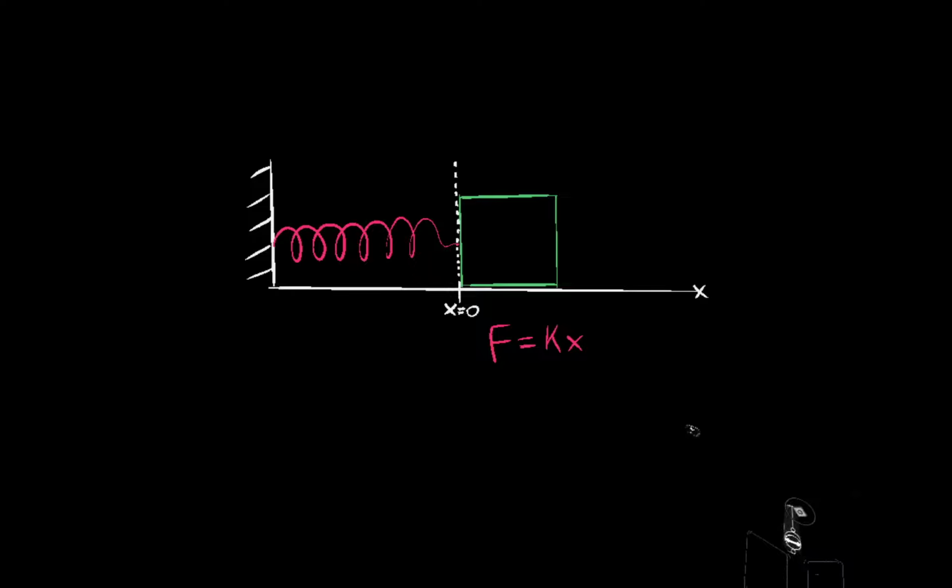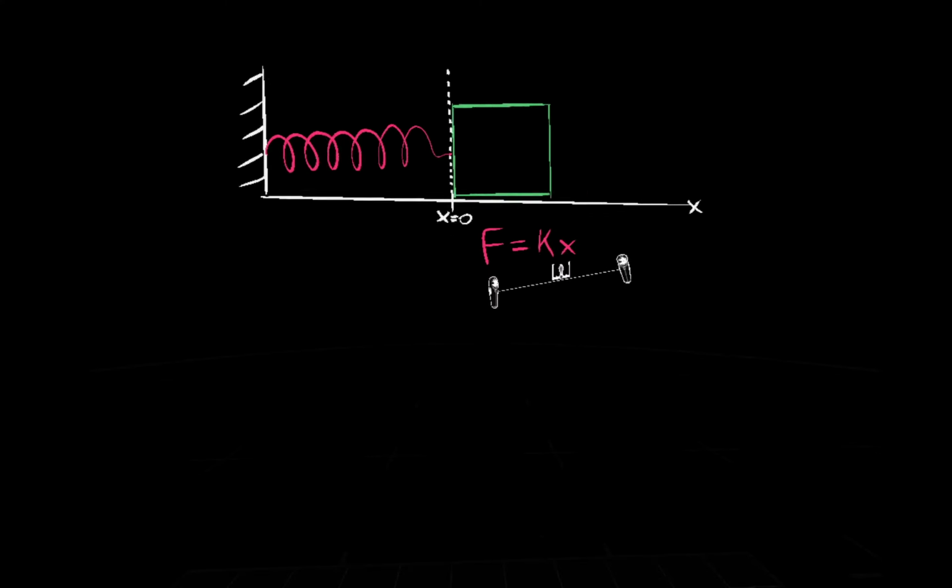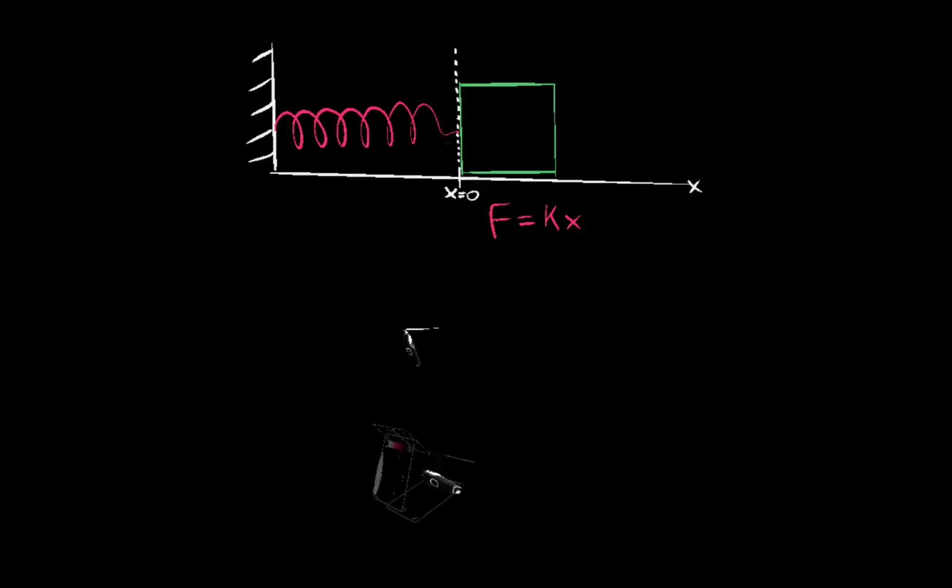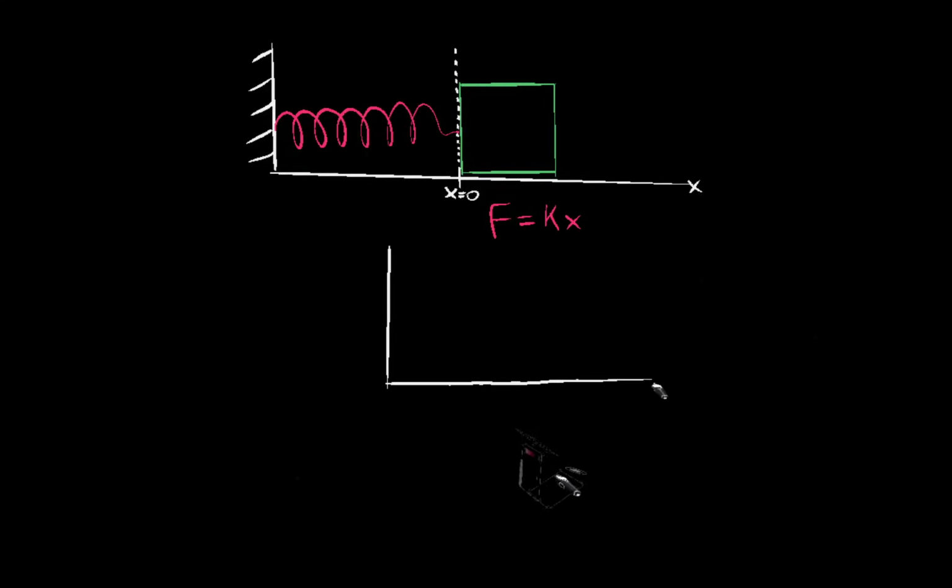Since the force as a function of x scales linearly with x and is not constant, we can draw a graph of its force versus displacement. And it would look something like this. So if we had a graph of force as a function of x on the y-axis, and then its position x on the x-axis, so this is F of x.